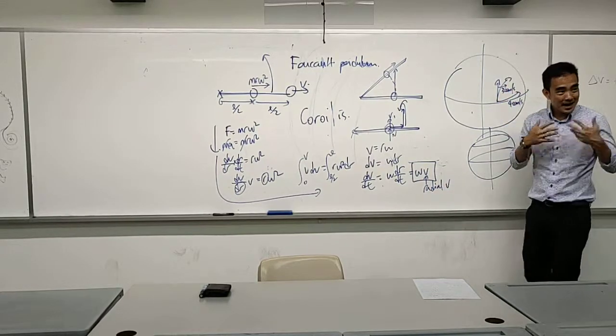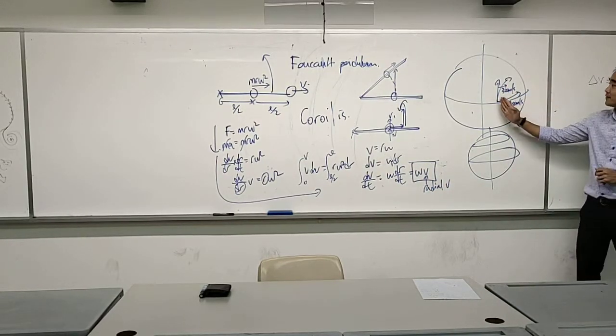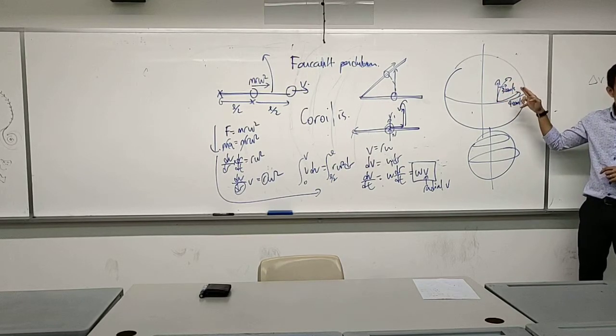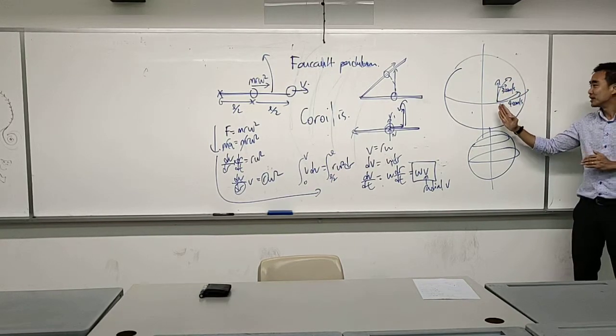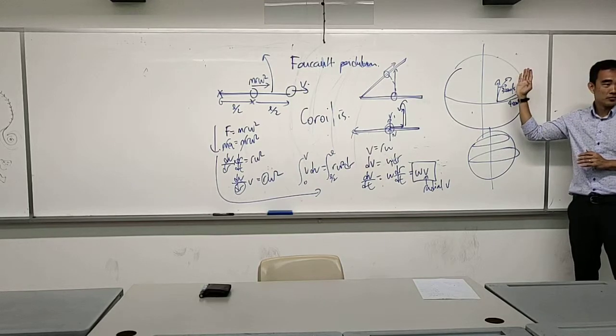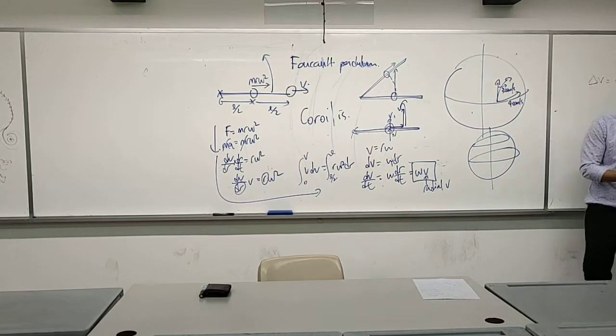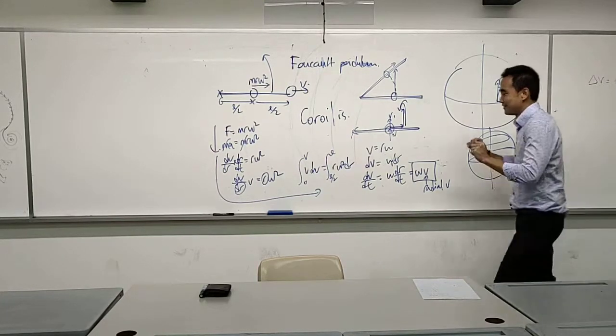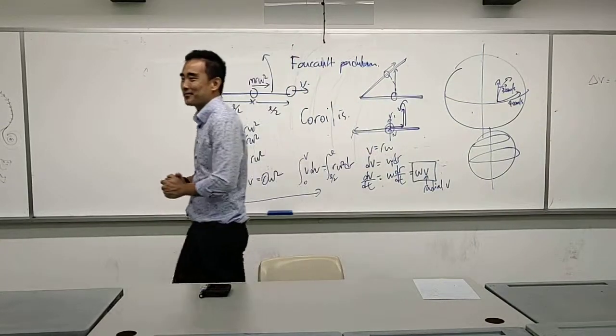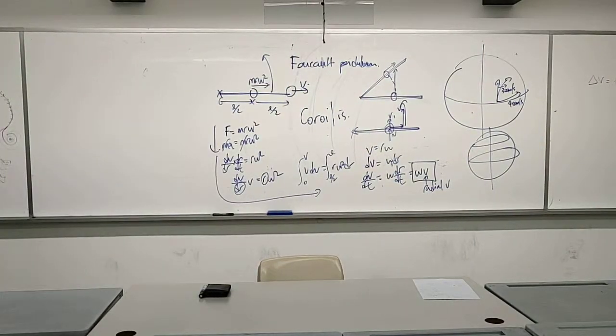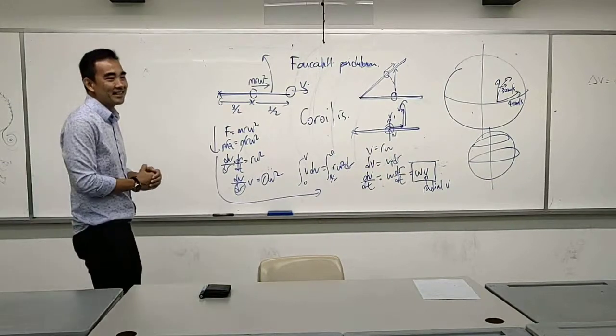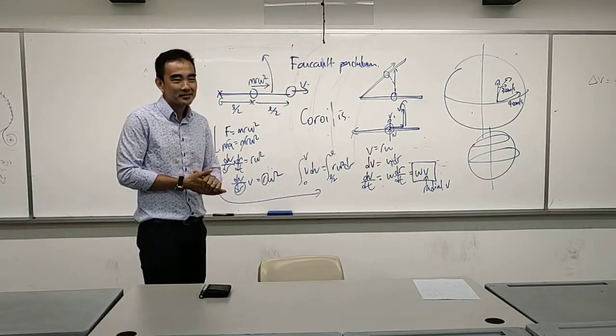So that idea of an object moving from this point on Earth to another point on Earth having different linear speed results in this object traveling towards the right. That's the concept. The math of it is a little bit like this. At least the physics, the understanding. Why is there even a force?